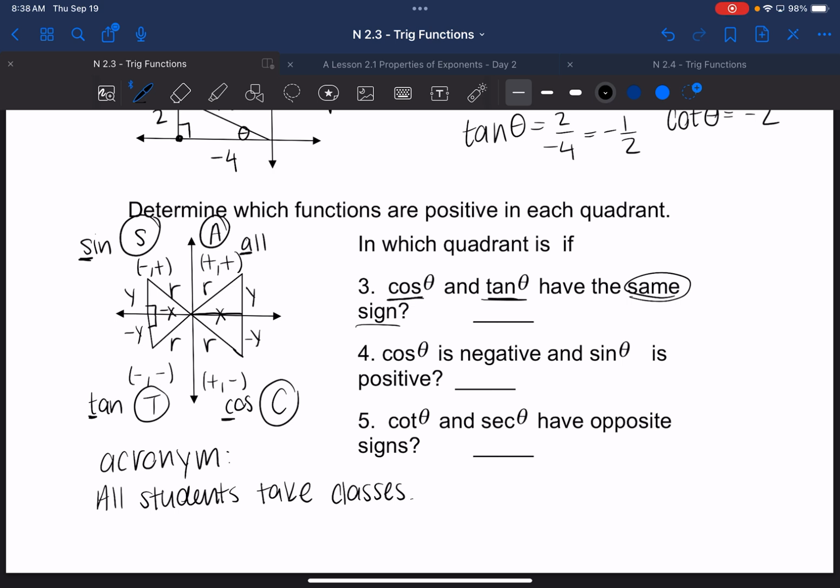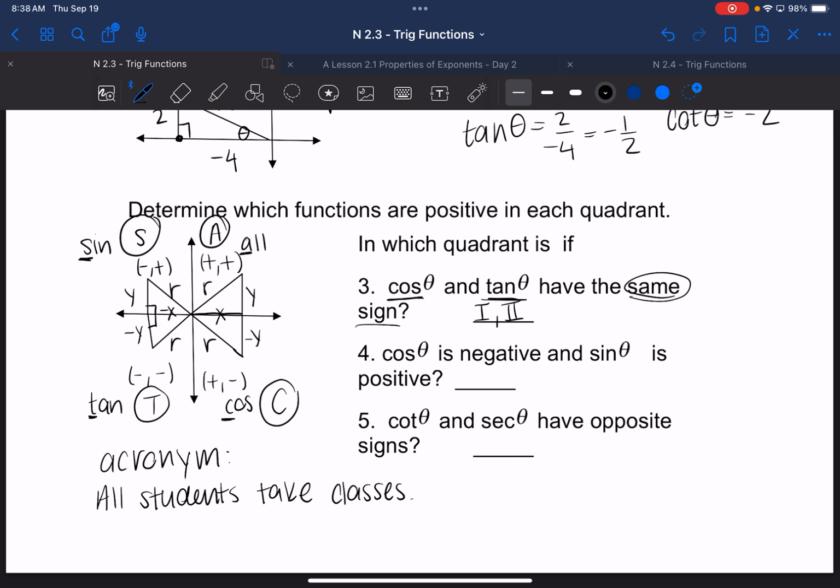Well, in quadrant 1, do they have the same sign? Yeah, because everything's positive there, okay? In quadrant 2, are cosine and tangent going to have the same sign? Yes. What about in quadrant 3? No, because tangent will be positive and cosine negative, right? What about in 4? Right, the opposite's true, right?